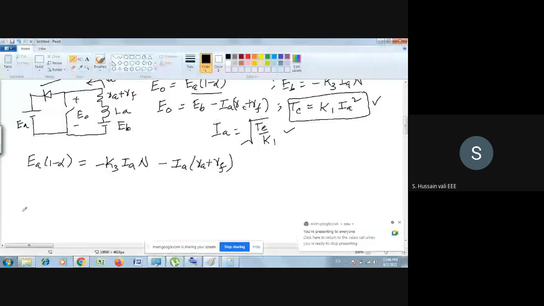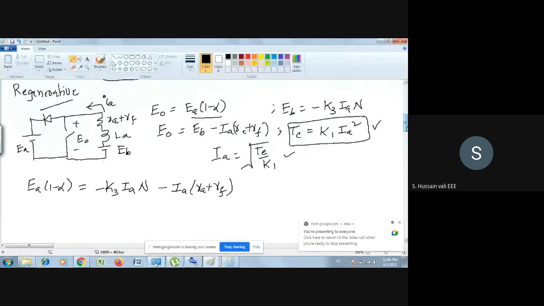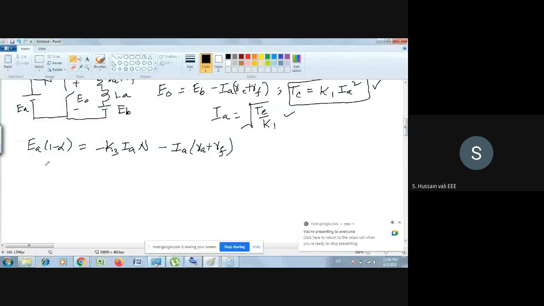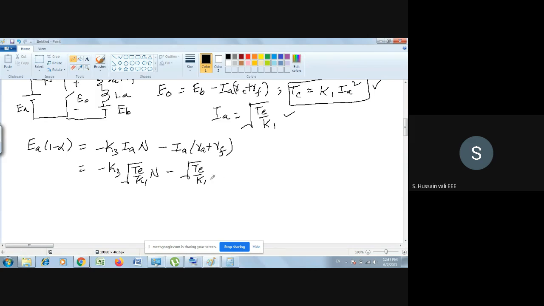So what's next now? We substitute that. So we want N, as we want N here. Okay, so K3 into IAN is equal to T by K1 into N minus T by K1 into IAN.